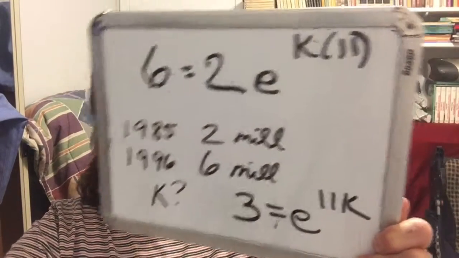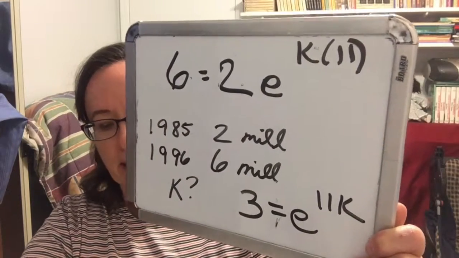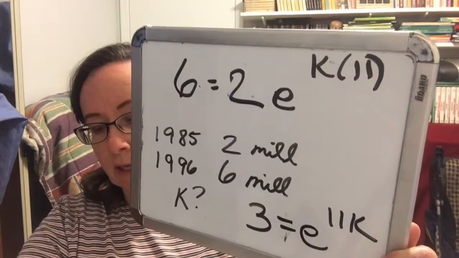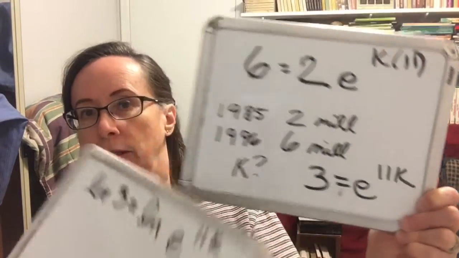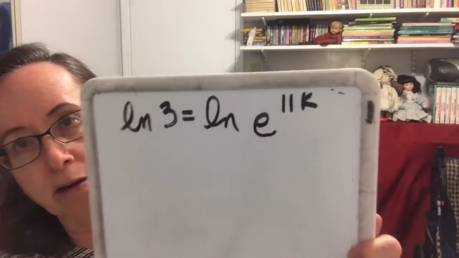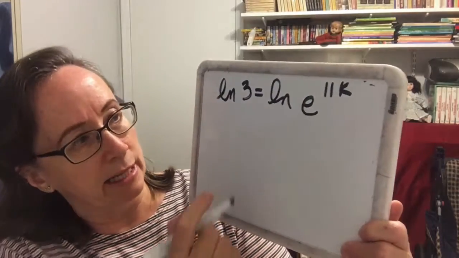So here's what we have so far. We're going to get the natural log of 3, which is going to be on the left, is equal to the natural log of e to the 11k. Okay, so I go from this board to this board, and remember what happens with our log rules. The natural log of 3, I'm going to have to look up on the calculator.